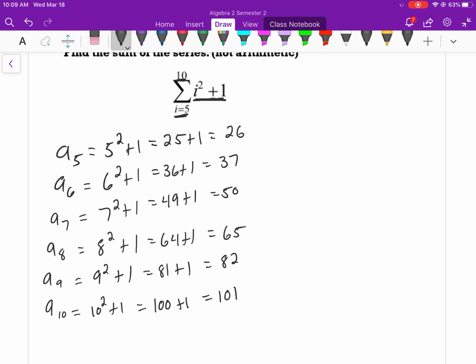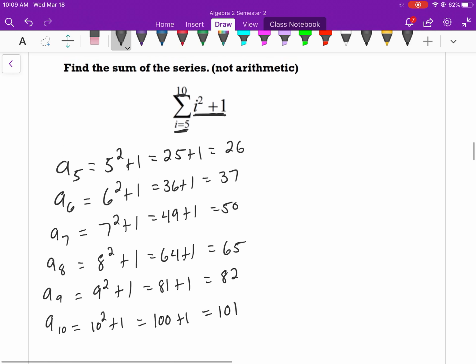Now we did do this, I believe, in the very first notes of chapter 11. And it gave us a total of 361.